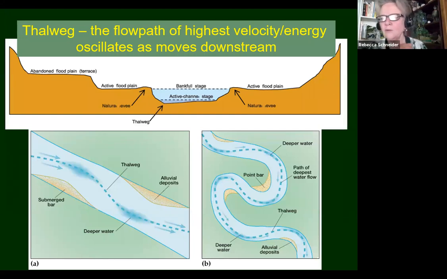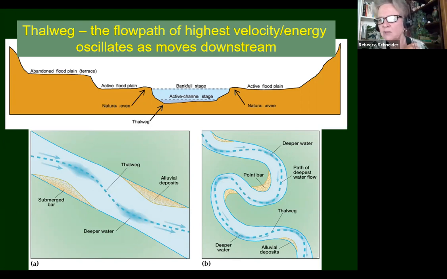So certain things are happening when that water is flowing in the stream. It's not all moving at the same velocity. If we were doing our discharge measurements, we would see there's one part of the stream where it moves slowly, and there's usually one section where it moves the fastest. That section of the stream is called the thalweg, okay? It's the flow path of highest velocity. It has a ton of energy.